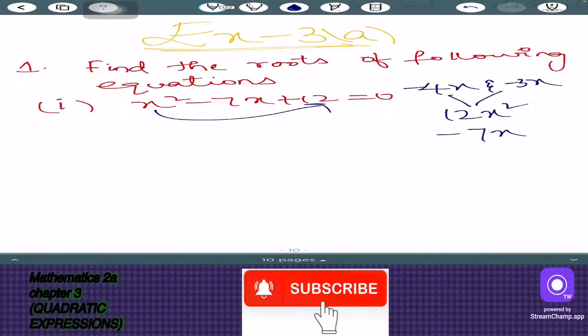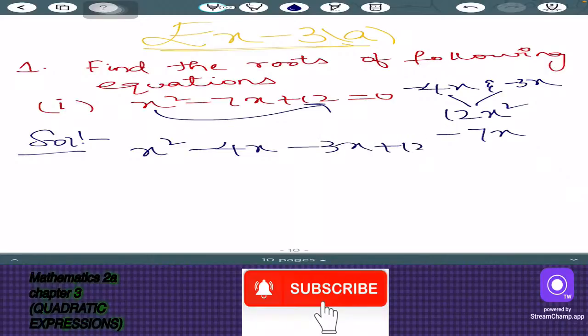So if you go for the solution, x square minus 4x minus 3x plus 12 is equals to 0.